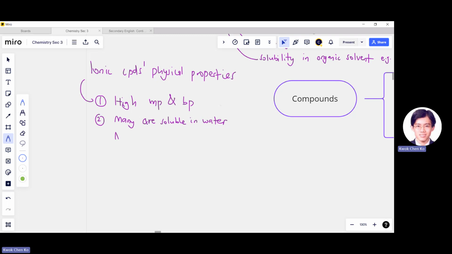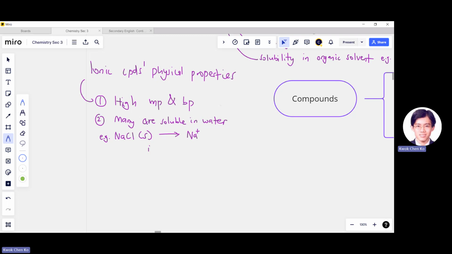Let's say this is sodium chloride. It exists as a solid salt, obviously. But once you add this to water, it is going to ionize. It breaks up into ions.